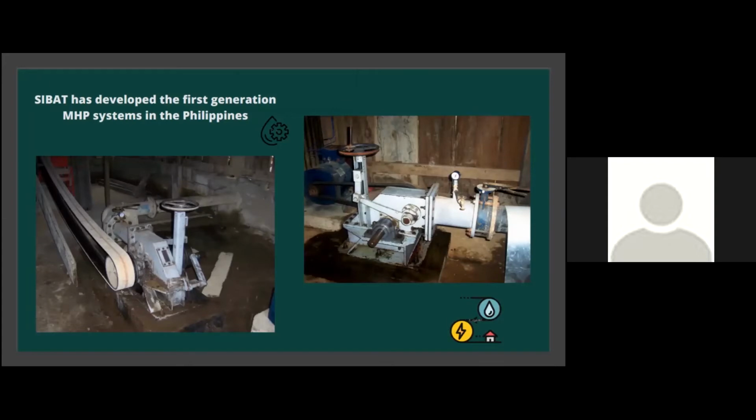Its main purpose is for household lighting only. Although the fabrication of these MHPs was not highly polished, they performed well. And also in some community-owned CBREs, they were able to build productive structures such as rice milling, which utilized the mechanical power of the MHP. Next slide, please.